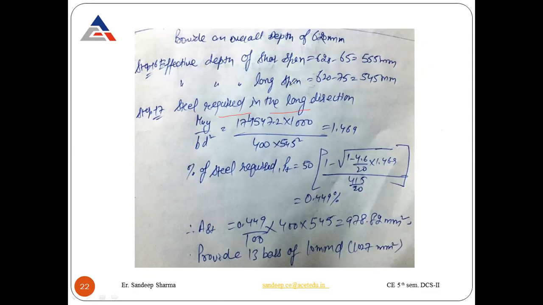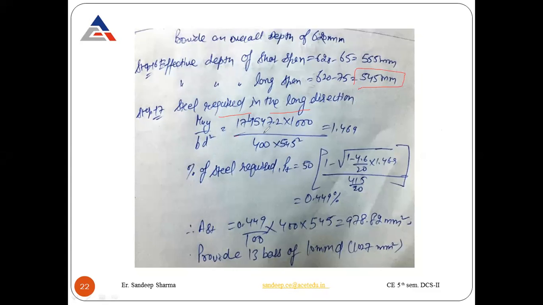So for the longer span, we know that there is the distribution steel we have. So along the longer direction, you can calculate the distribution steel with the help of this one. And along the shorter span, Mu by bd square along the required length in the longer direction.